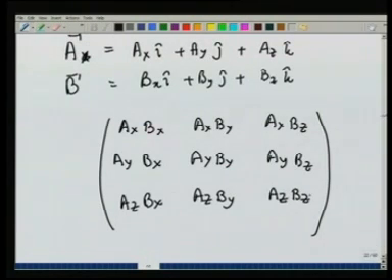These are all possible products of different components of the two vectors, out of which ones do we take? Which ones do we define as vectors and scalars is the next task that we are going to address.